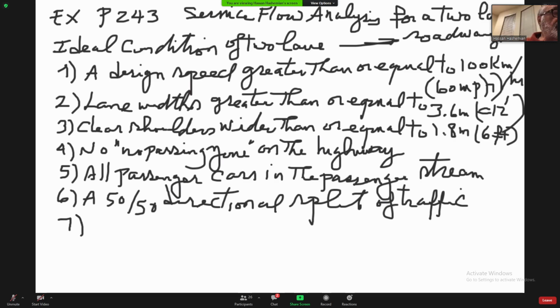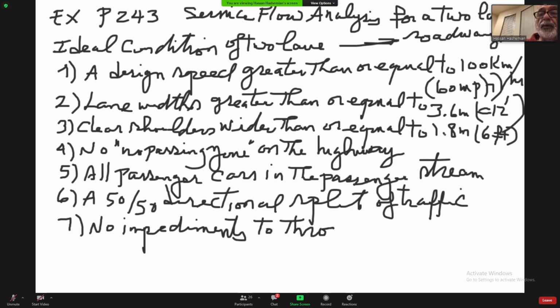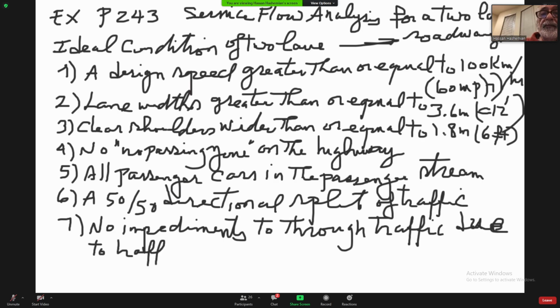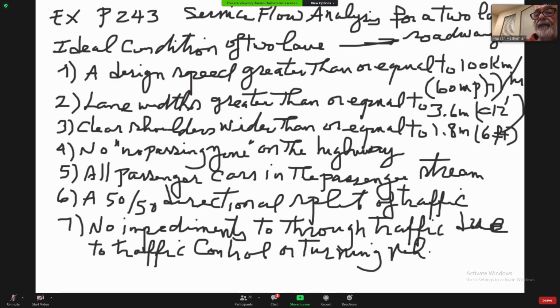Seventh, there is no impediment to through traffic due to traffic control or turning vehicles. And eighth, level terrain.